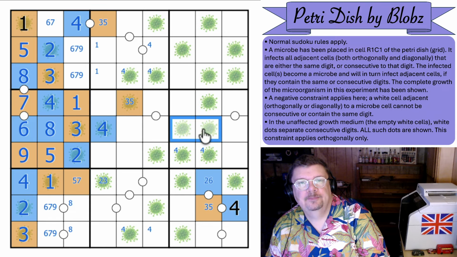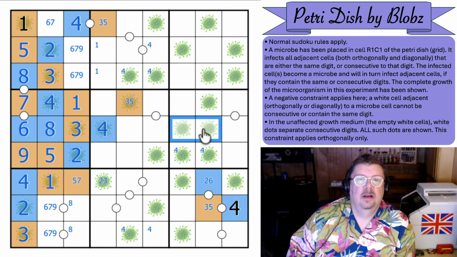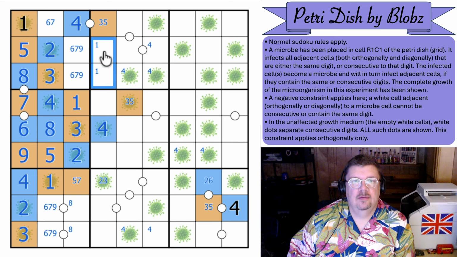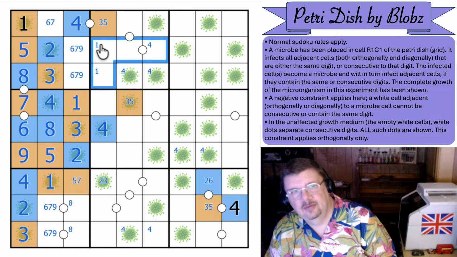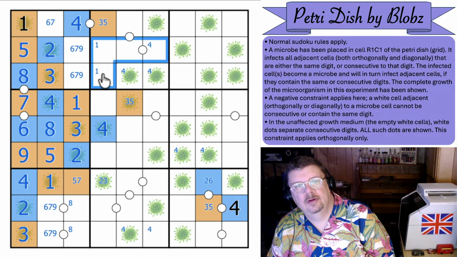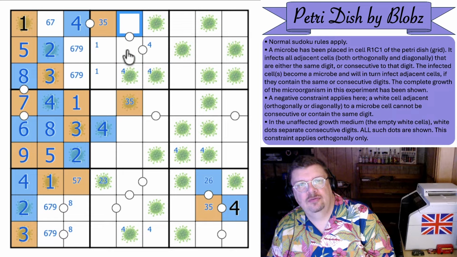So, where is... Okay, 2 cannot go on either of those. All right, so 2 is not in any of those by sudoku in the fact that one of those is a 1. So if that's not 2, 3, 4, then first of all, where does the 2 go?